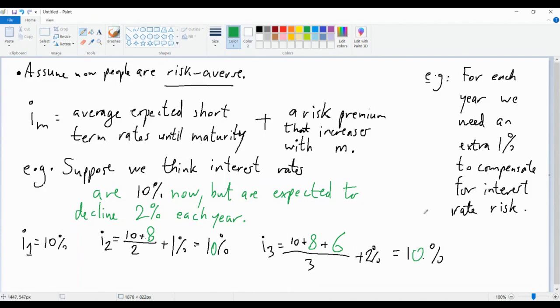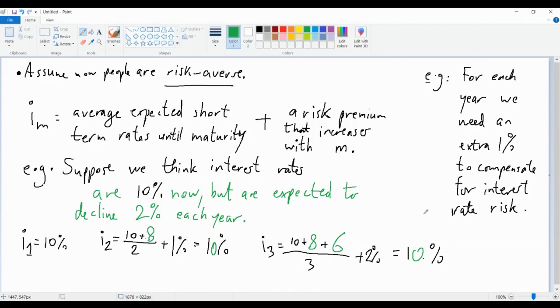So in this case, we have a yield curve that doesn't slope up. It's actually flat, right? 10%, 10%, 10%. But the reason it's flat is because we have the risk premium, but in addition, because people expect short-term rates to decline, and in fact to decline quite steeply here, that's pushing in the other direction.